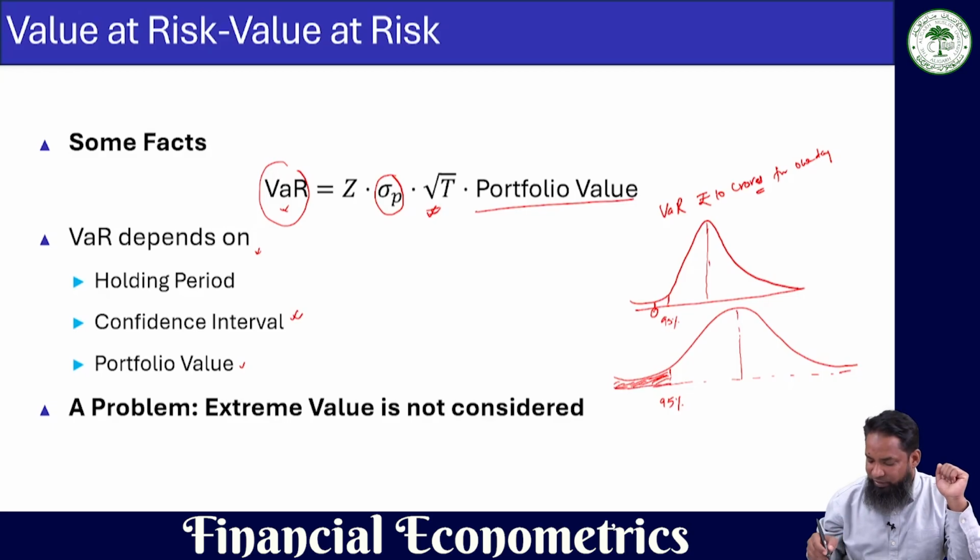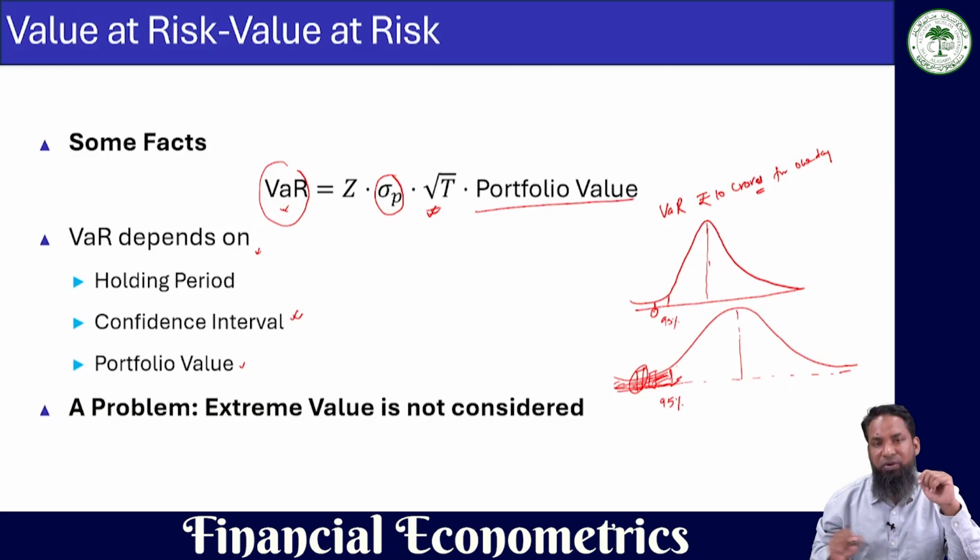However, what about abnormal returns? Let us say here we have one return like this. There is less chance that it will cross this. However, if in certain extreme cases it crosses, then this loss will be more than this value at risk.